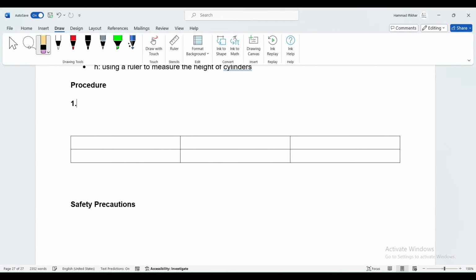Okay. The equipment is set up. No, sorry. First, we have to measure the cross-sectional area.